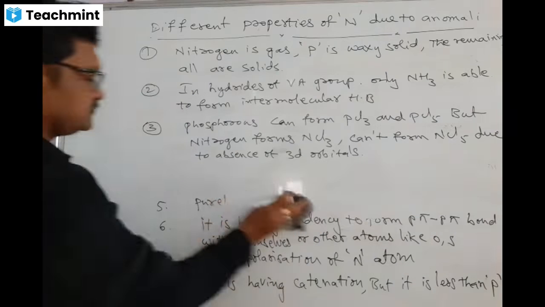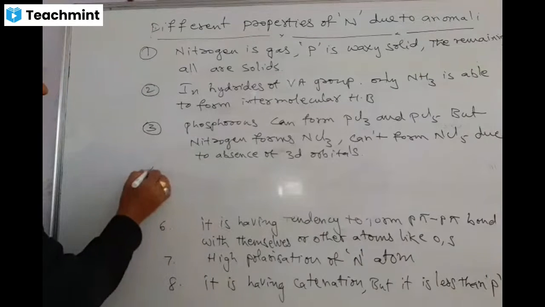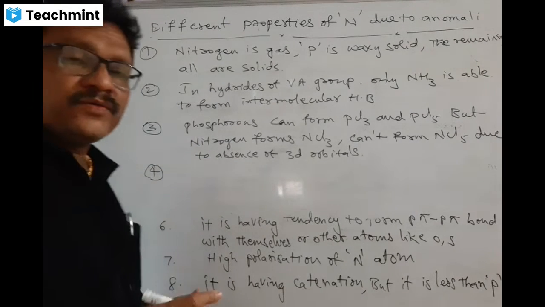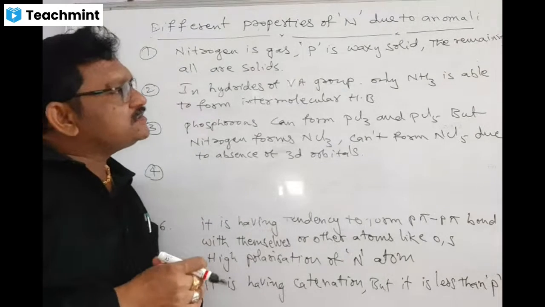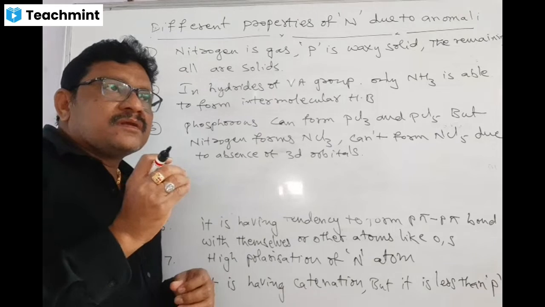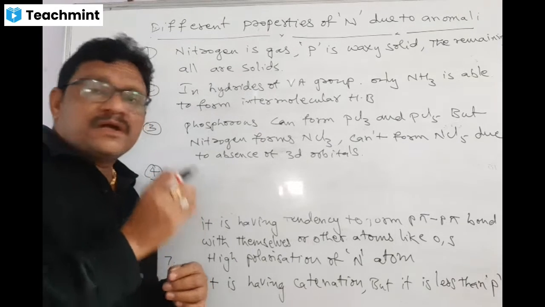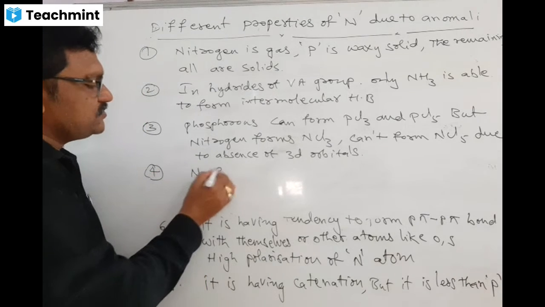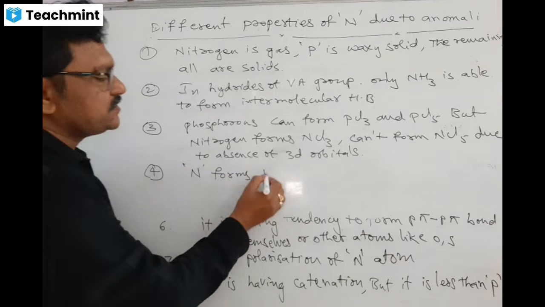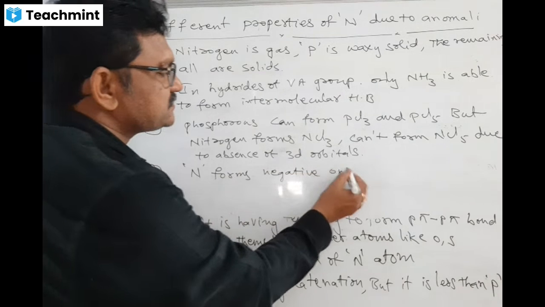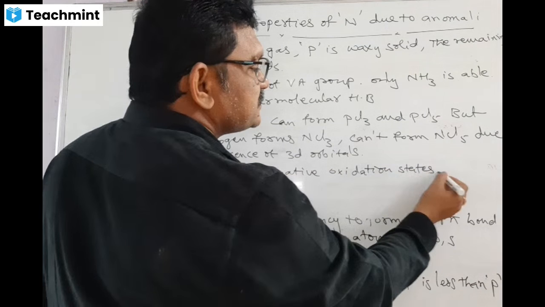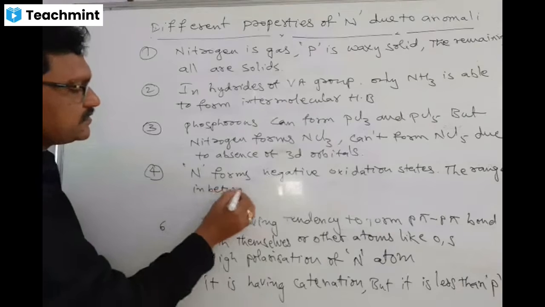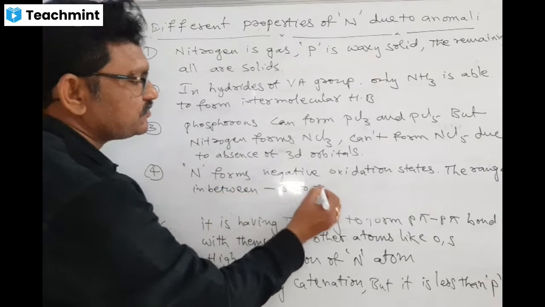Then the fourth one. Nitrogen can form negative oxidation states, in the range from -3 to +5.